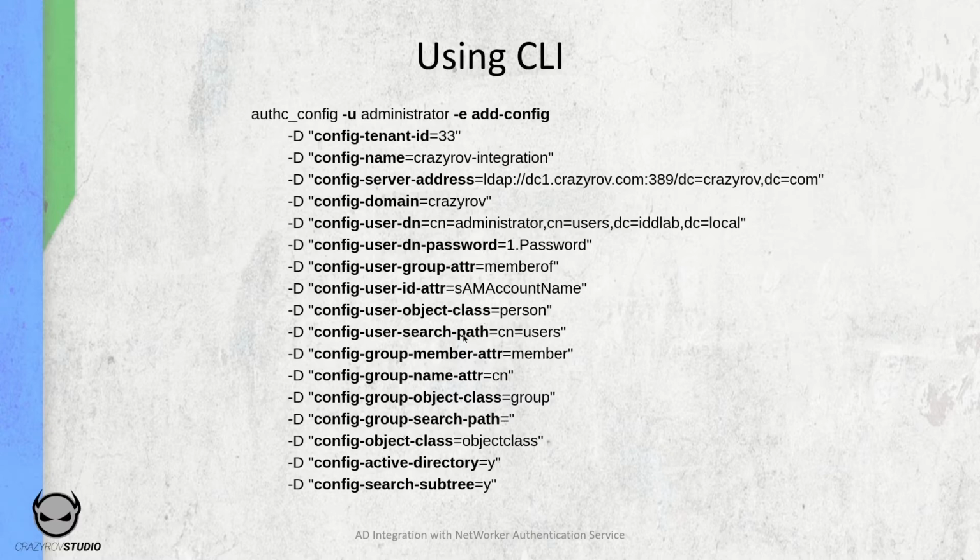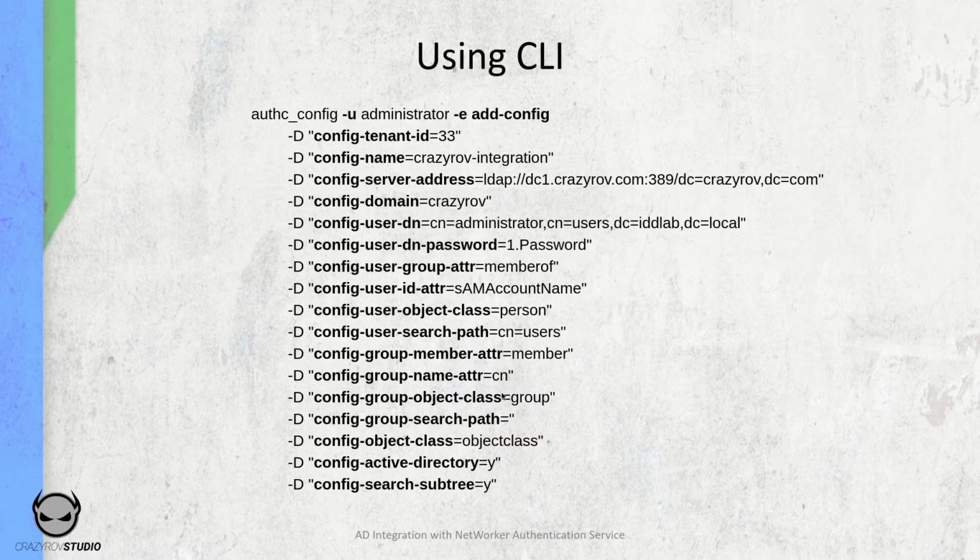Object class is person. User search path was CN equal to users. I have already shown you this. The group member attribute is member, so this will also be automatically populated. The config group name attribute is CN. We have already seen this.